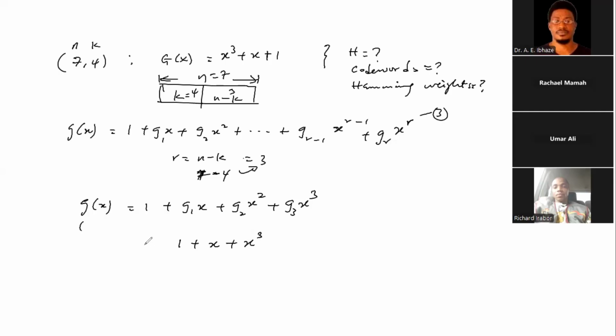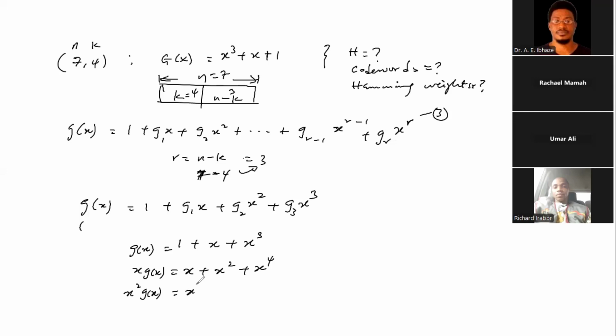So if that is g of x, what will be x g of x? That will be x times this, that will be x plus x squared plus x to the power 4, right? Now, what will be our x squared g of x?